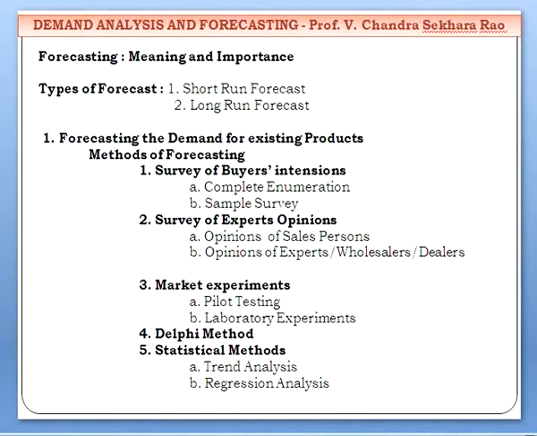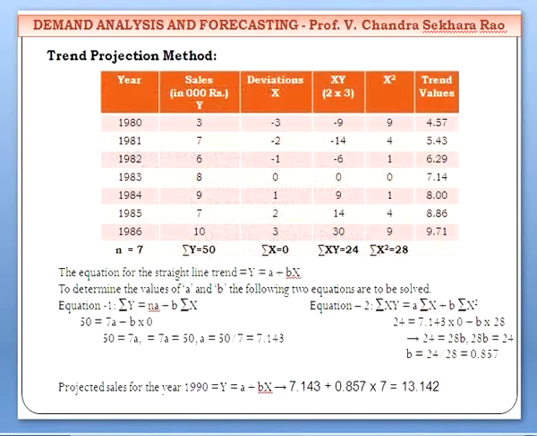And coming to the statistical methods, trend analysis. For example, the trend analysis method is widely used. We have past data, and using the past data, you can explain the trend method. For example, we have a company's sales data over the period 1980, 81, 82, 83, 84, 85, 86.